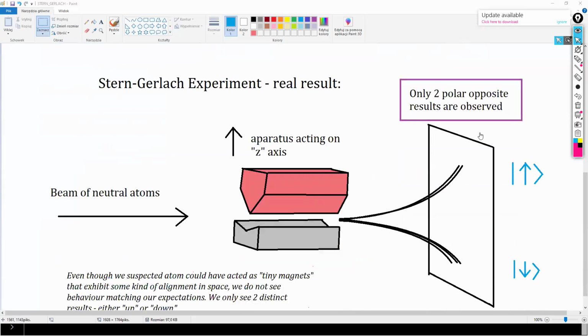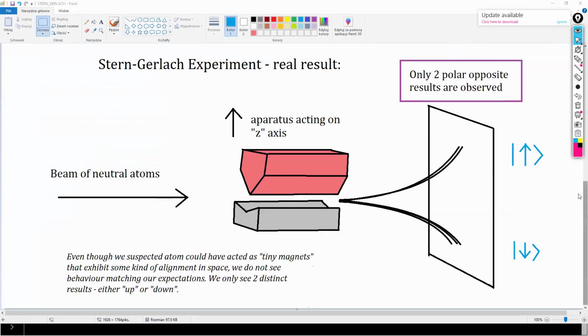What happened? The only thing that happened is that after shooting a beam of neutral atoms, the atom flew only completely up or completely down. There was nothing in the middle, nothing even slightly down or slightly up, nothing. There was either just up or just down.